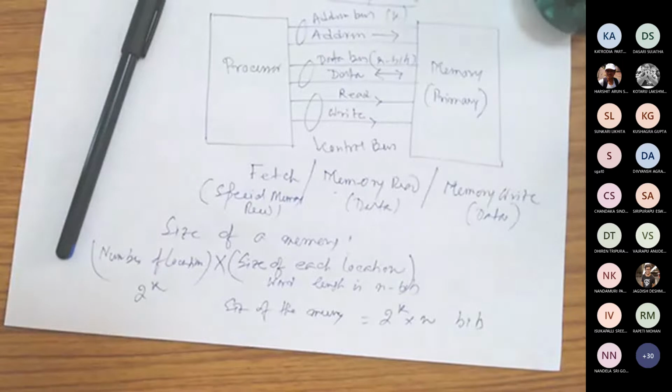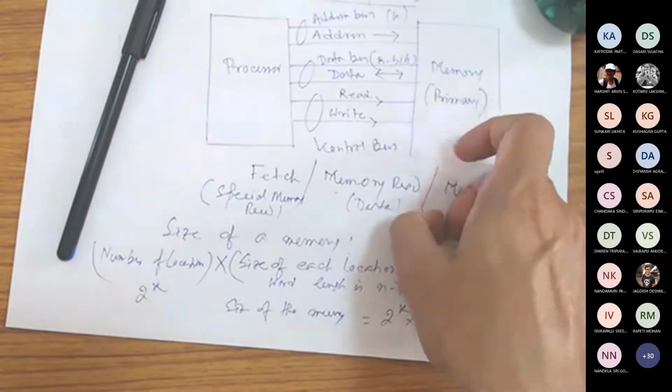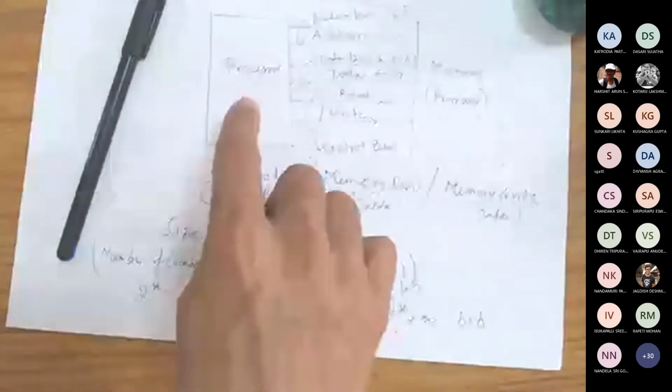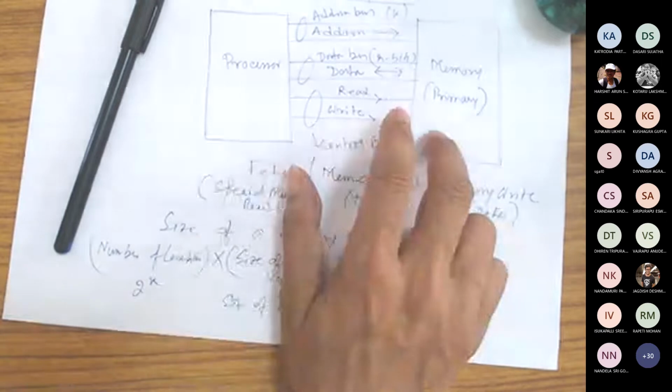So it will create a lot of delay, and that is the reason we need to come up with a trade-off. If you design this memory using circuits that are not as fast as the processor, then you are going to compromise on the speed.